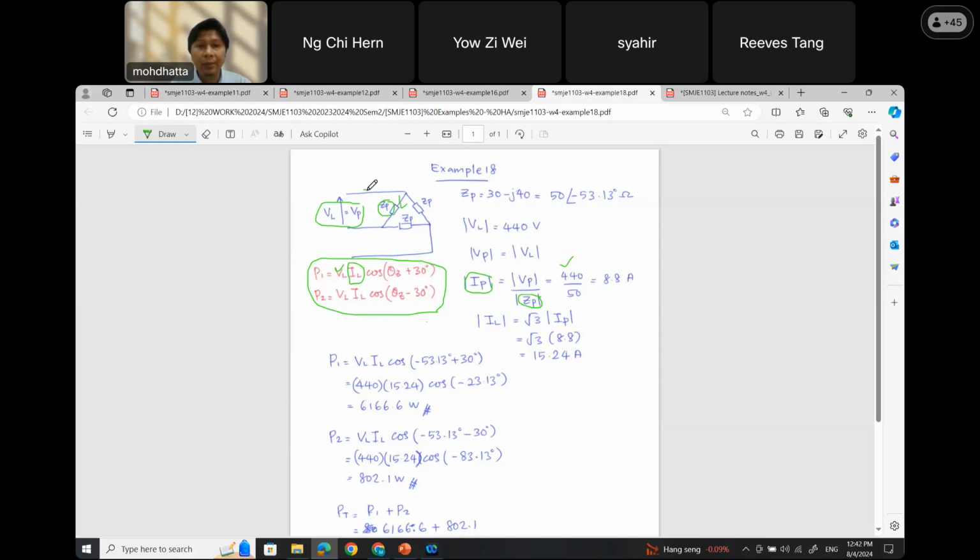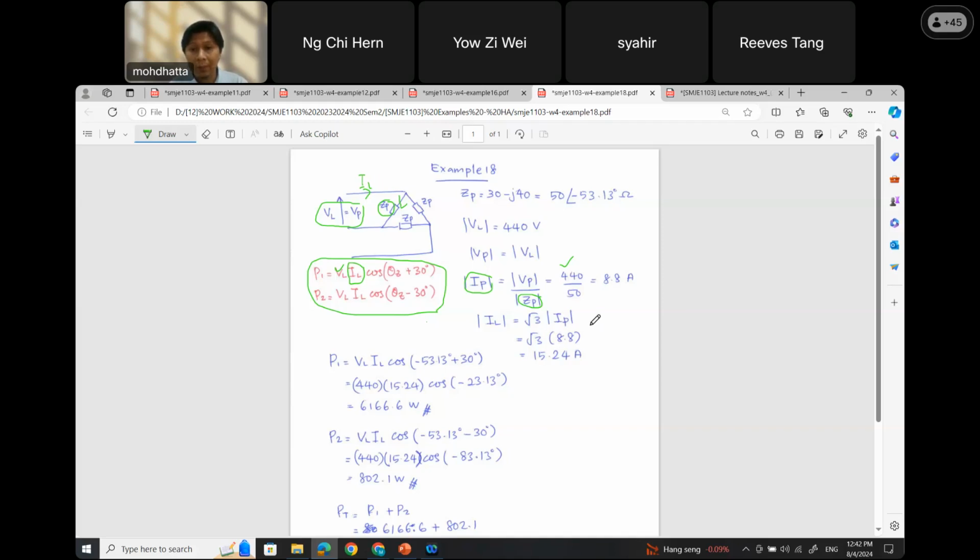The line current is here. I line is over here. And you must know that for delta topology, the relationship between the line and the phase only happens at the current, where the line current equals root 3 times the phase current.